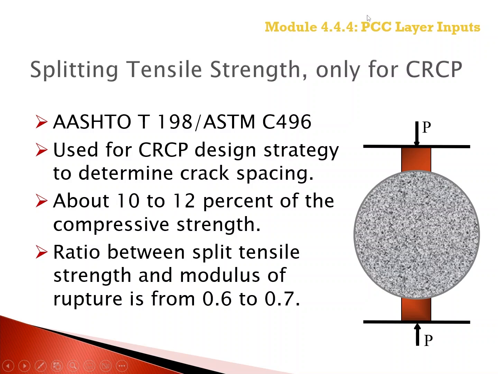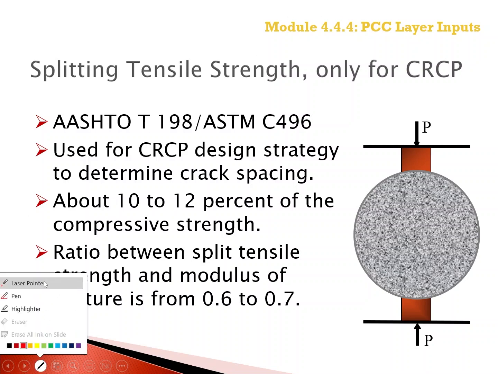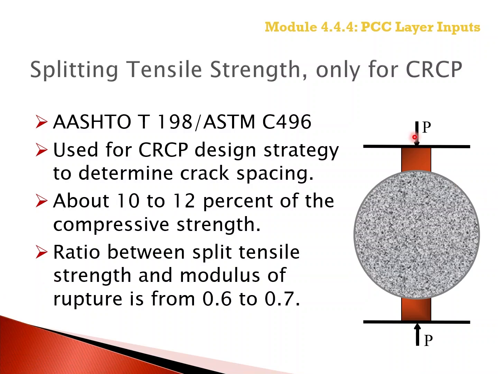The splitting tensile test is where a compressive force is applied along the diametral axis of a cylindrical specimen at a rate of 100 to 200 psi per minute until failure or cracking of the test specimen occurs. The splitting tensile strength is about 10 to 12% of the compressive strength and about 60 to 70% of the modulus of rupture.